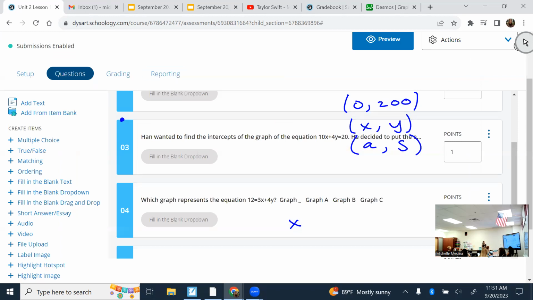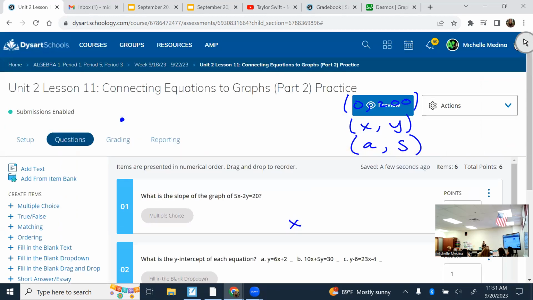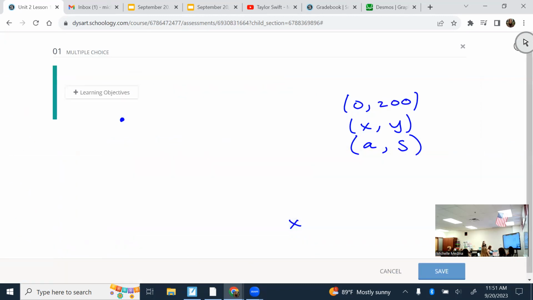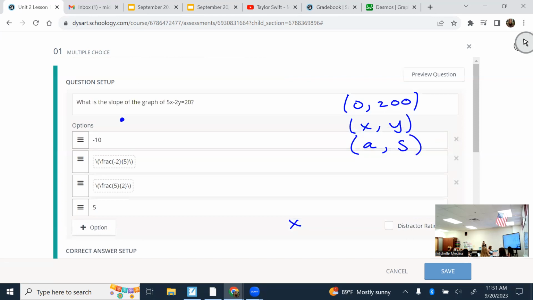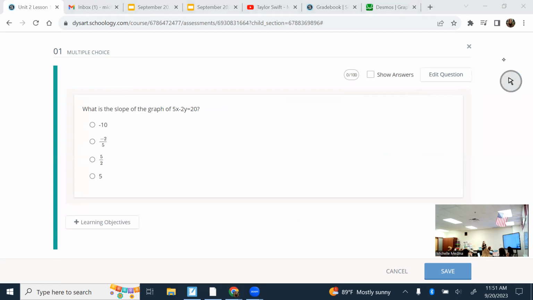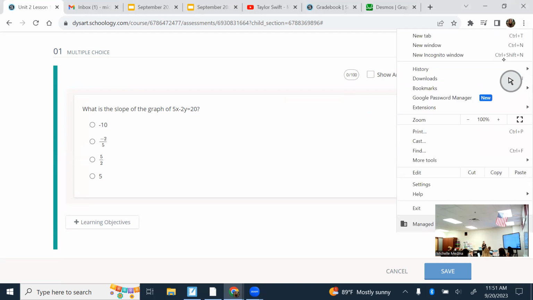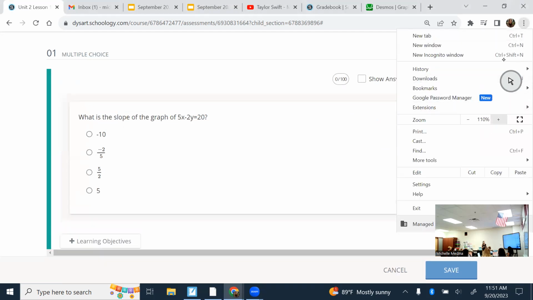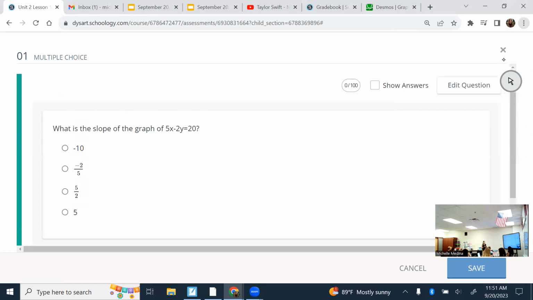Okay. Is it the one that says what is the slope of the graph? That one? Yeah. Okay. So lots of strategies that you could use to solve this. You could use graphing technology and figure it out from the graph. I will show you a way that I think works 100% of the time, whether you have a graphing calculator or not.